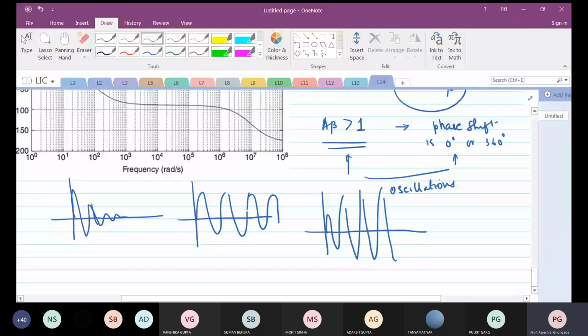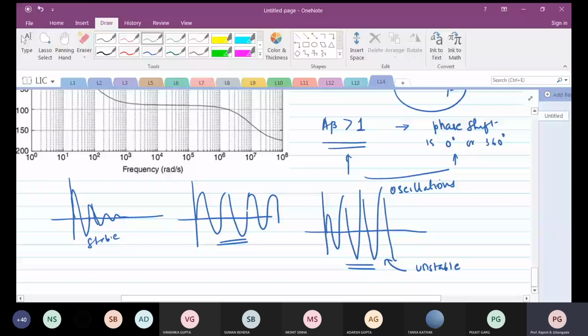This is called unstable output. So this is a stable system, this is critically stable, and this is an unstable system. If I excite the system with a simple stimulus, this is how a stable system will perform, and this is how an unstable system will perform.